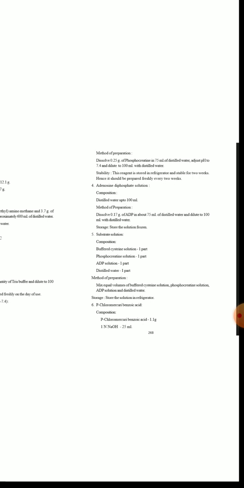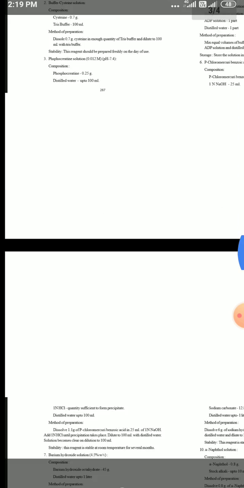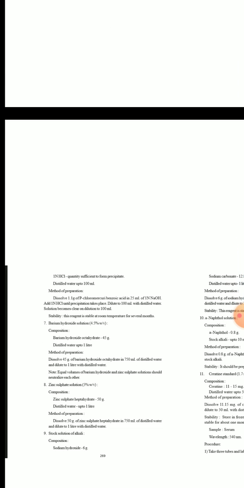Next we have p-chloromercuric benzoic acid. For this we require 1.1 gram of p-chloromercuric benzoic acid and 1 normal NaOH, 25 ml. Next we have HCl, quantity sufficient to form precipitate. Then distilled water up to 100 ml.